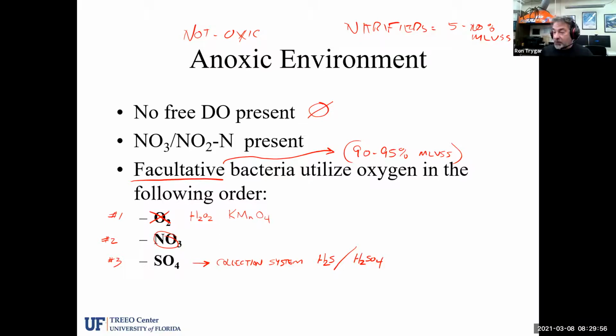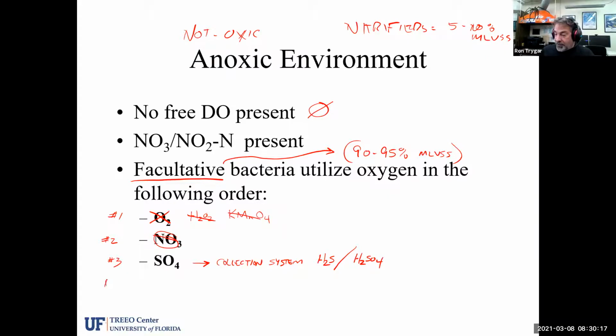So different forms of oxygen and nitrate can be provided to prevent odors in collection systems. If we're not adding these chemicals to the collection system, then the bacteria continue to consume or convert the sulfate into sulfides and produce the sulfuric acid.